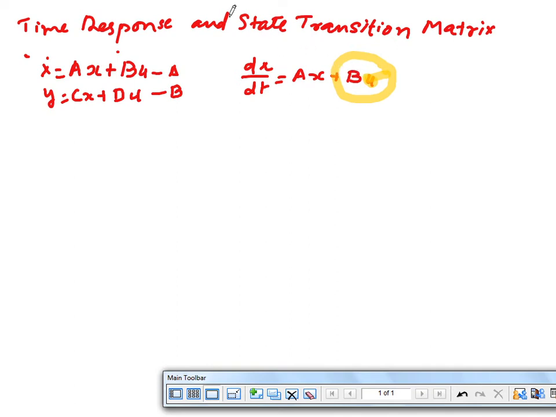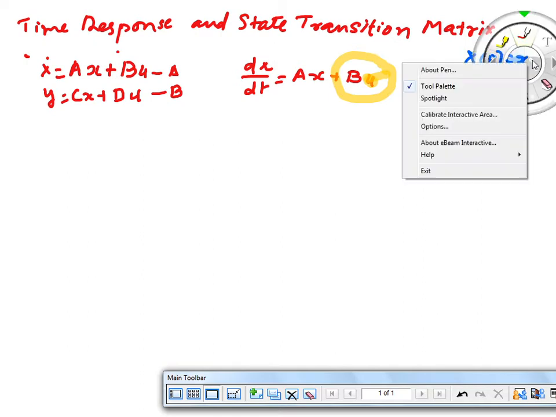So I will be having only this part, that is A x. Because we are having an unforced system, I can write dx by dt is equal to A x, and I am considering the initial state x of 0.